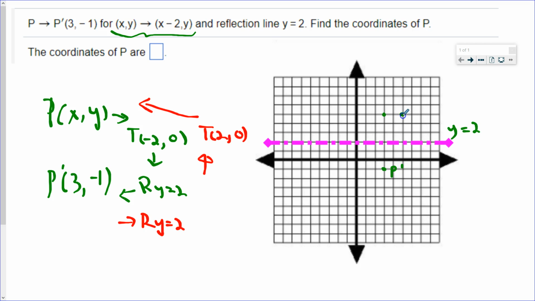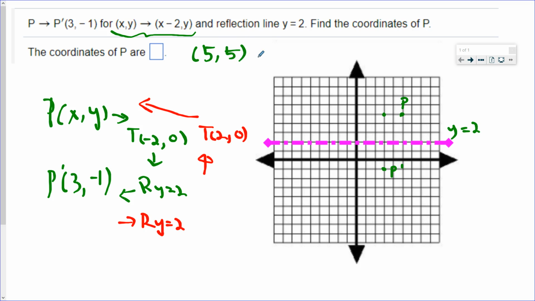I should end up here, which should be P itself. So basically what they did was, in the beginning is P, I did a -2, 0, going over here, and then I would do a reflection. I end up with my P prime. So my answer should be, now with the diagram, 1, 2, 3, 4, 5. So it should be 5, 5.